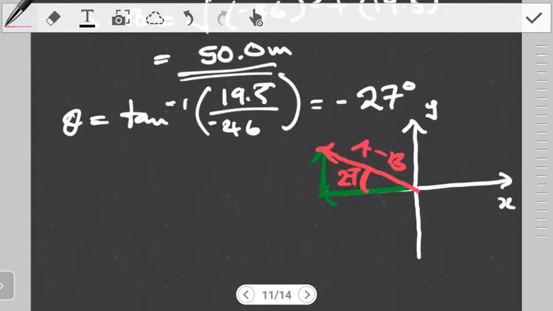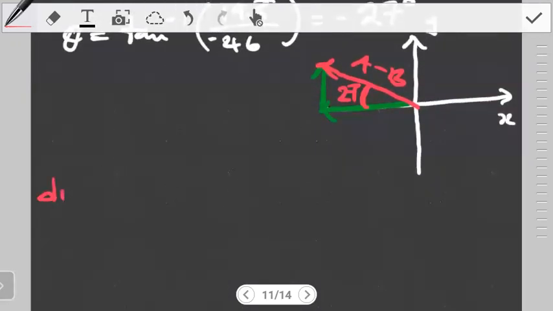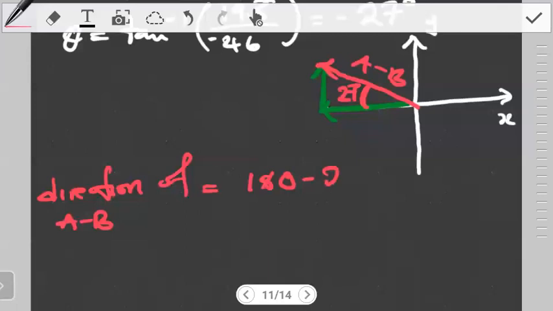So in the end, using the same method we used earlier, the direction of a minus b will just be equal to 180 minus 27 degrees.